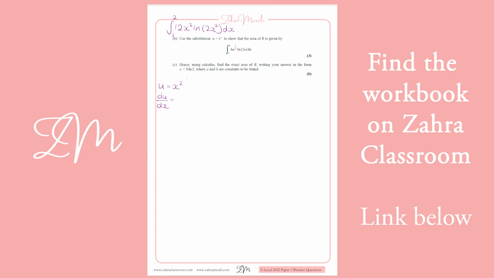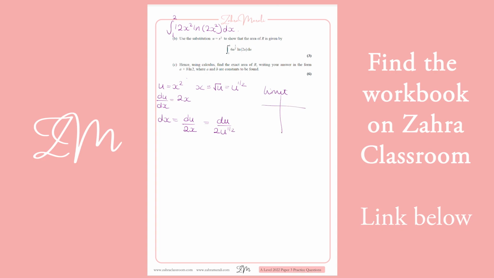The first step is du dx to give us 2x, and you're going to rearrange that to make dx the subject. So you've got du over 2x, and we can see here that x is the same as the square root of u, or u to the power of 1/2. So this is the same as du over 2u to the 1/2.